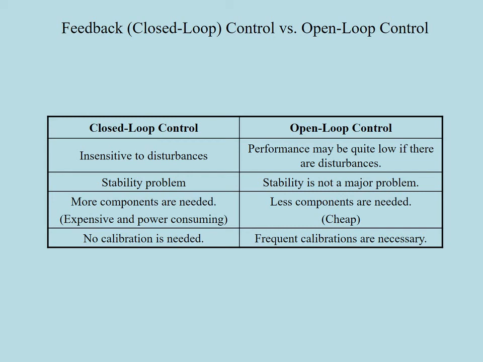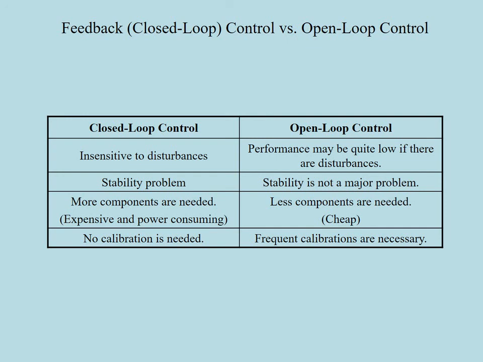On the other hand, stability is a problem to be considered in the closed-loop control case. When we say a problem to be considered, we mean it in two ways. First, if a system is unstable, you can use closed-loop control to stabilize the system. That is, you can solve the stability problem of the system. Secondly, when you are using closed-loop control, and if the system is stable, you have to take care not to drive the system to instability.